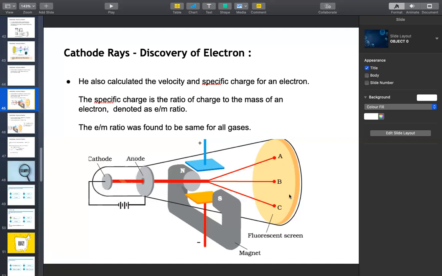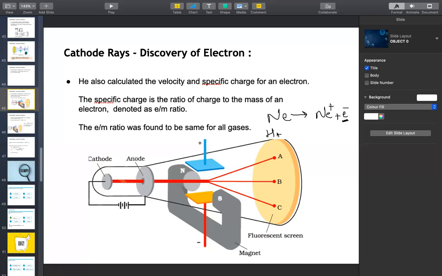Have you written that E by M ratio was found to be the same for all the gases? Why is it the same? Because all the atoms will give electron only. The example I gave you for neon: when neon gives the electron, it will form Ne plus and electron, and the electron constitutes the cathode ray.